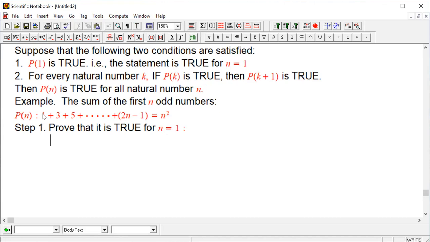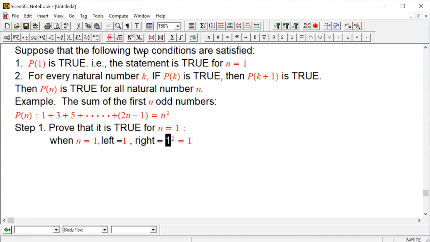When n equals 1, the left-hand side is only 1, which is 1, and the right-hand side is 1 squared, so equals 1.